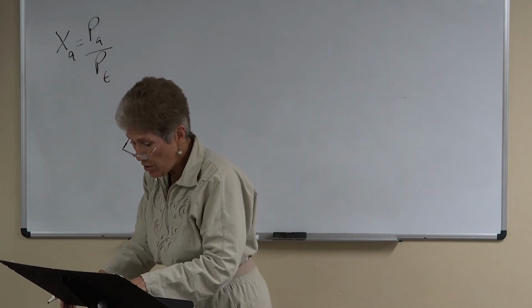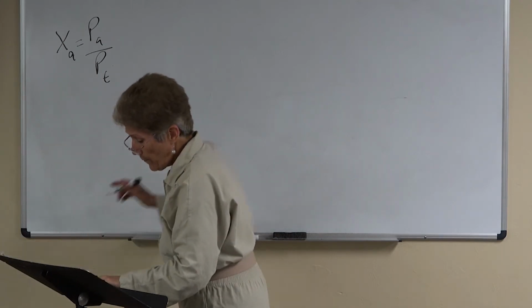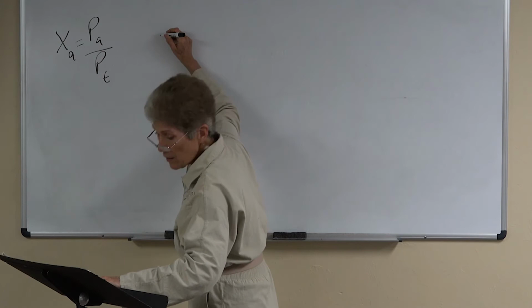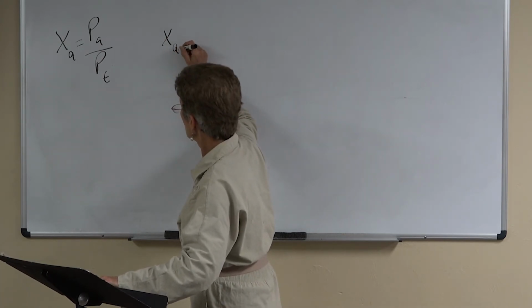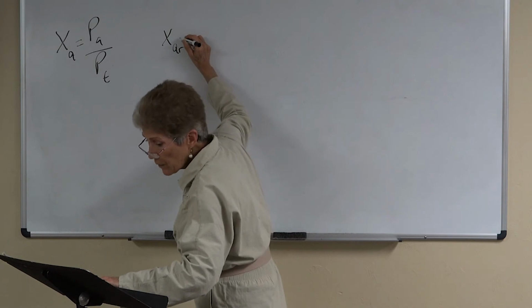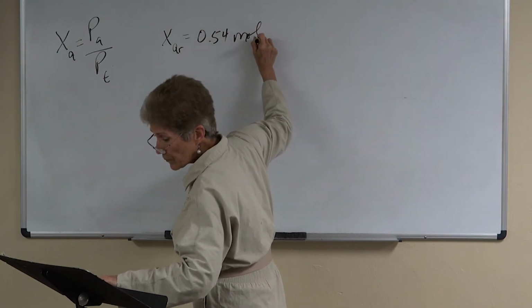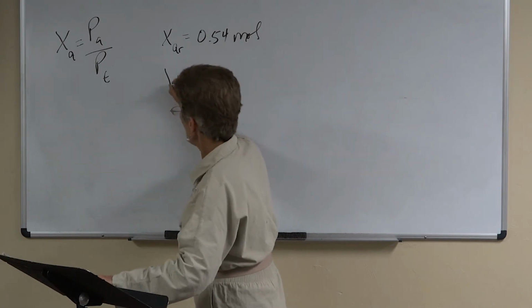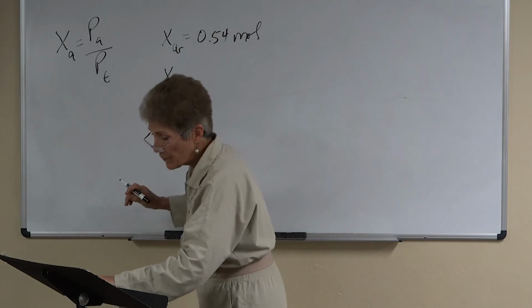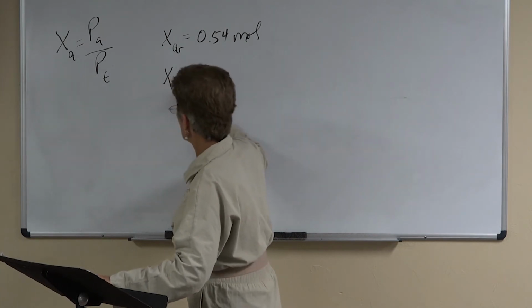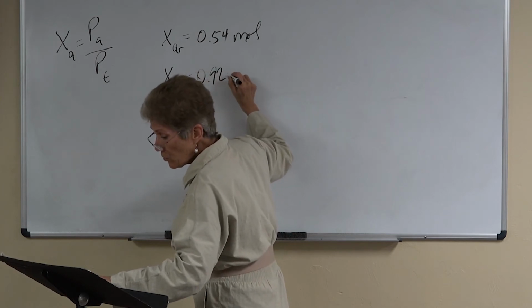And so, let's see, we are given argon, so the moles for argon is 0.54 moles. We're given that the moles for hydrogen gas is 0.92 moles.